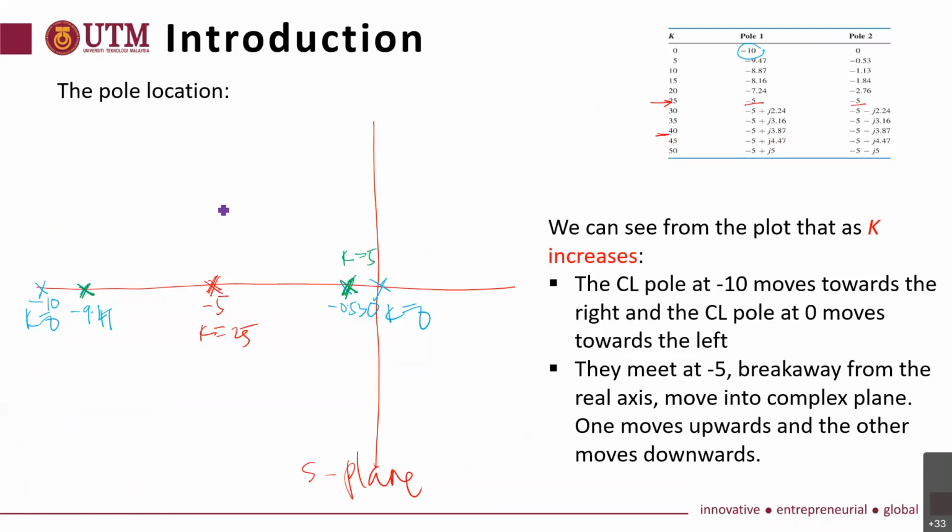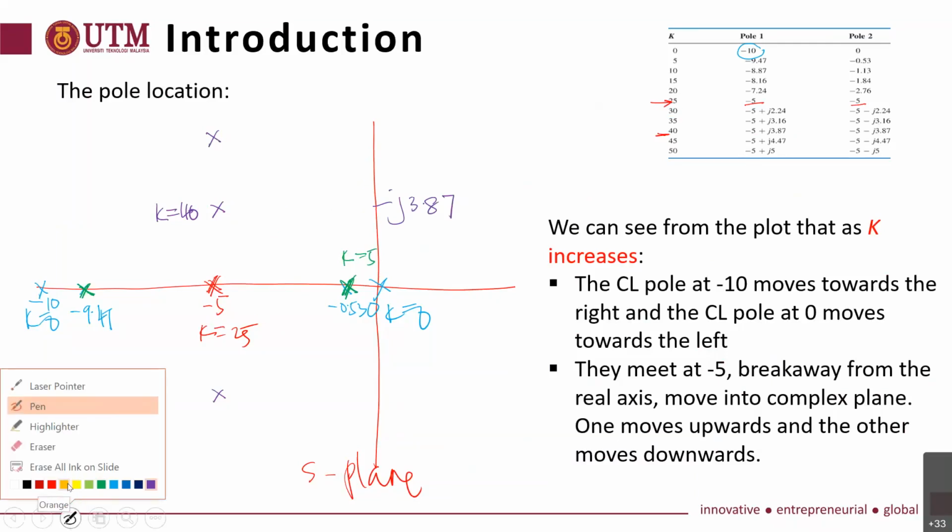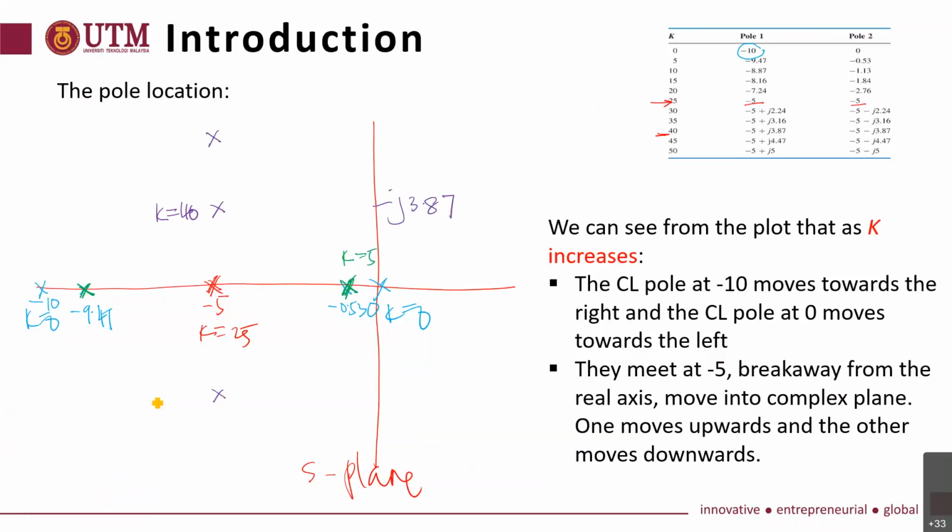So now here, minus 5, j3.87. This is when K is 40. When K is 50 and increasing, here j5 and another one here, minus j5.